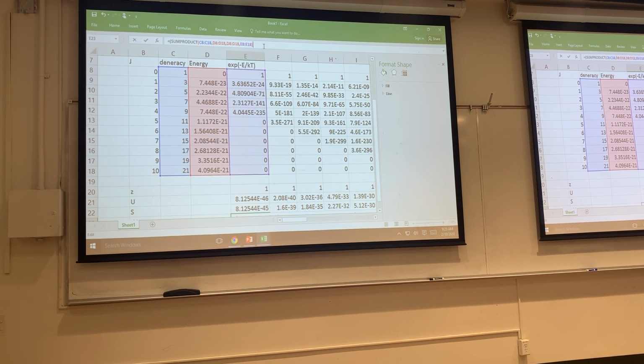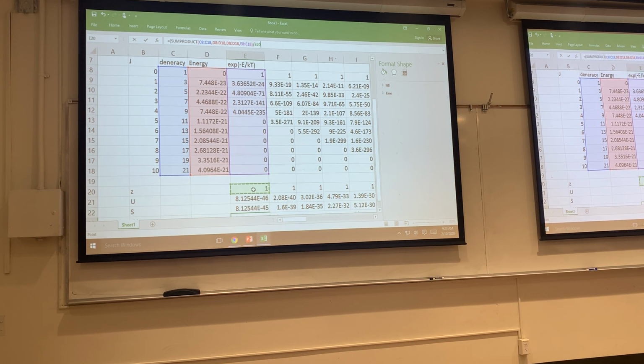Okay, and that needs to be divided by Z in order to be normalized perfectly.